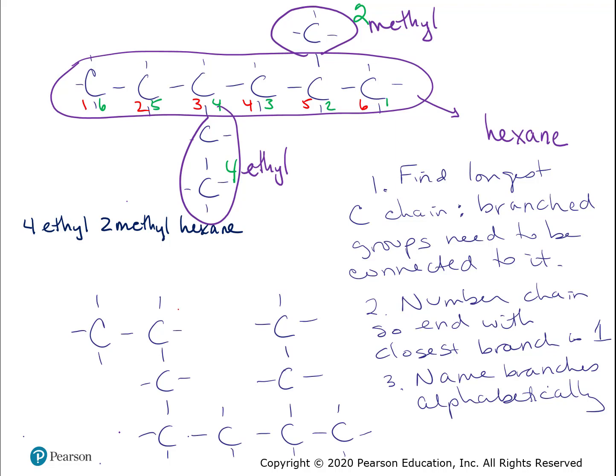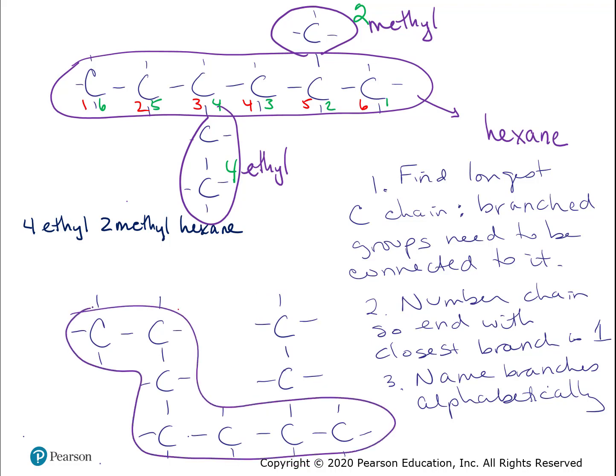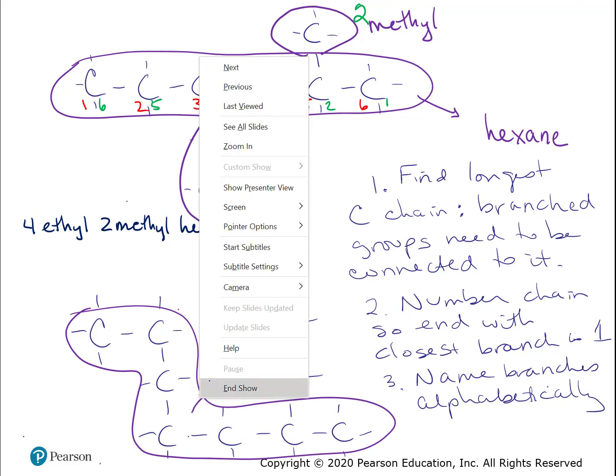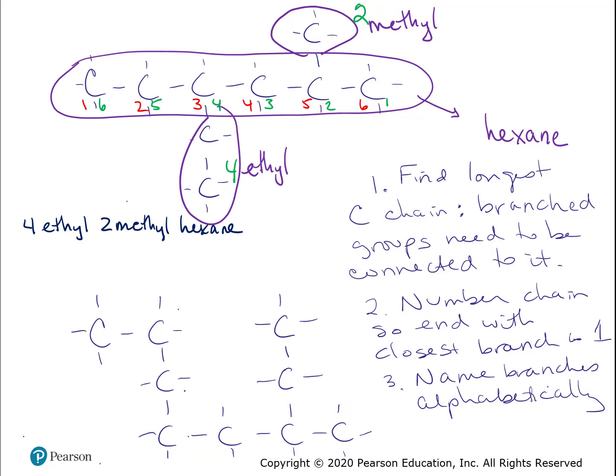It's the longest carbon chain. So see, I could go like this. That would only be 4. I could go like this. That would be 1, 2, 3, 4, 5, 6, 7. Okay. What else? There's actually one more.